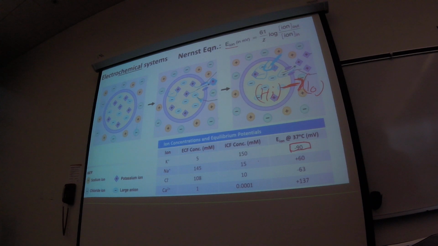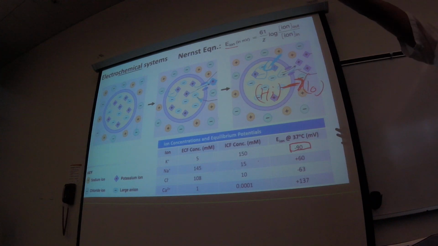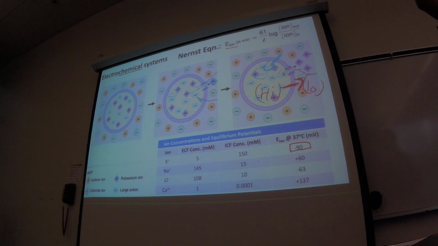So if the membrane is at -90 millivolts, that means there's an equal amount of potassium leaving the cell, and there's an equal amount of potassium ions coming back into the cell because of the electrical gradient. And it's only when we see the membrane potential at -90 do we see that balance. You follow me so far?